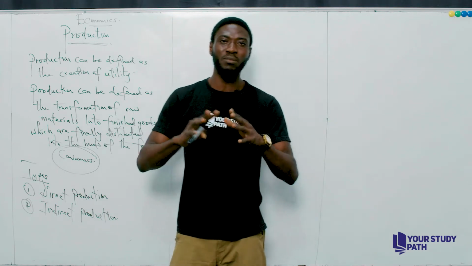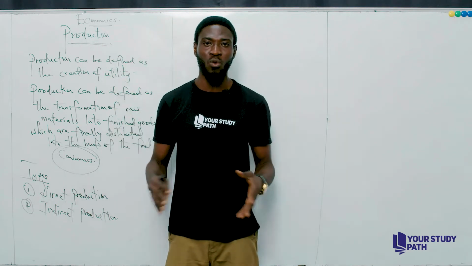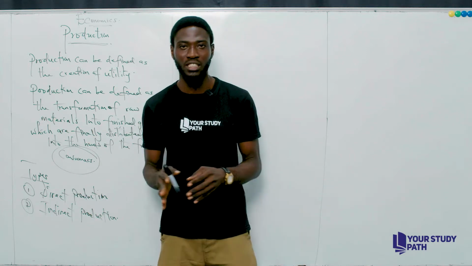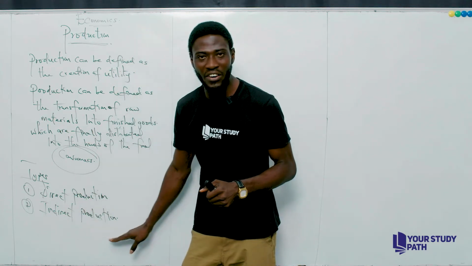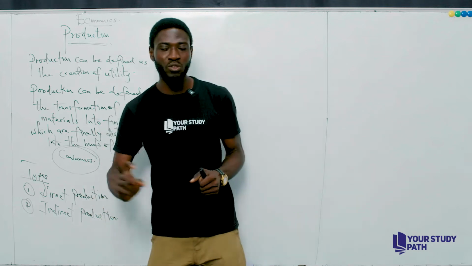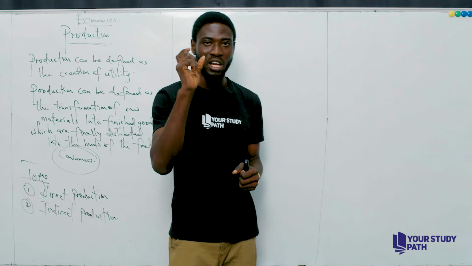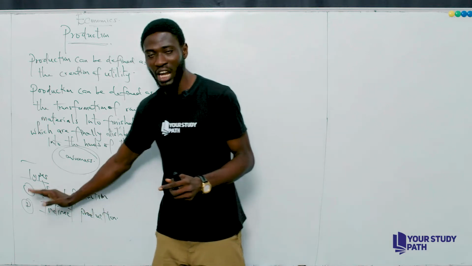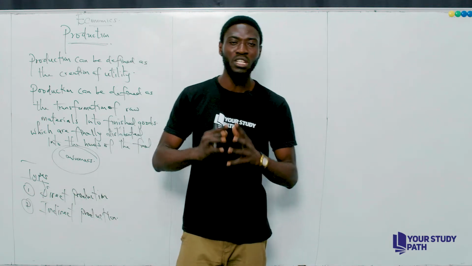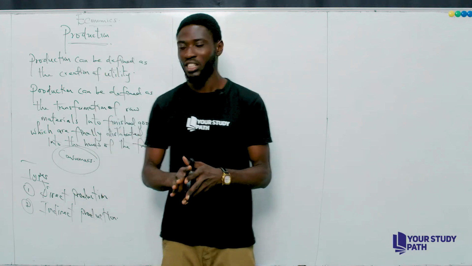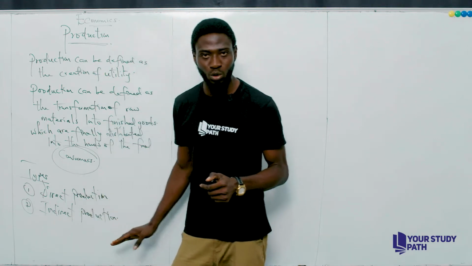But when it is meeting the needs of several people, or the needs of a whole society, then we can call it indirect production. When you are producing to meet the needs of a particular set of people, we call it direct. But when you are producing to meet the needs of the whole society at large, then we can call it indirect production.